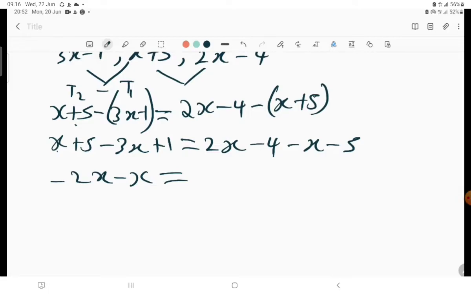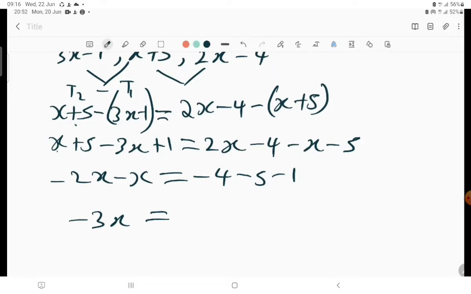Then you take everything on the right. Then you have minus 4, minus 5, then minus 1 as well. So we have minus 3x on this side. Then we have minus what?